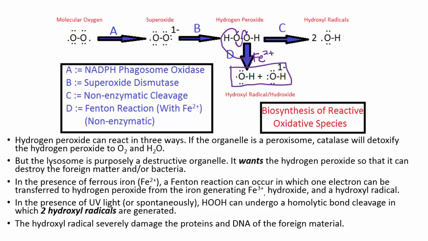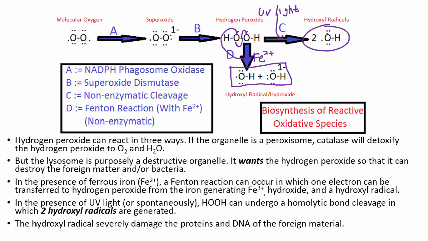The hydroxide can donate an electron to something, or it can pick up a proton from solution, but either way, they're both dangerous. Or you can have ultraviolet light, UV light in the case of C, and UV light is going to split the bond, and so you'll end up with two hydroxyl radicals.